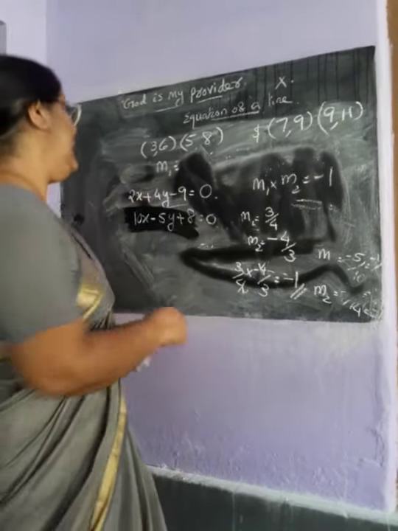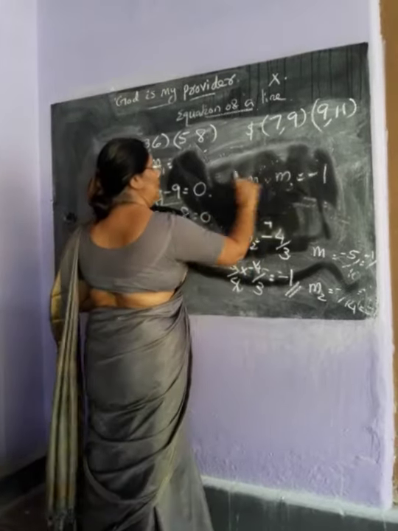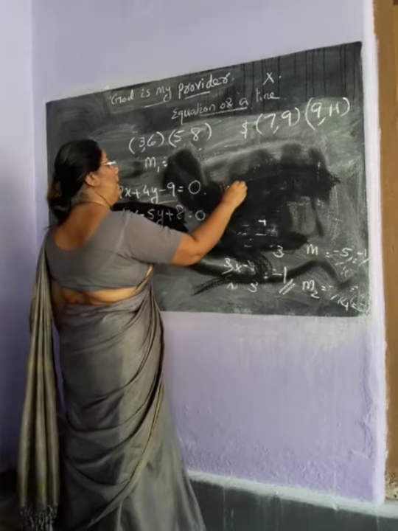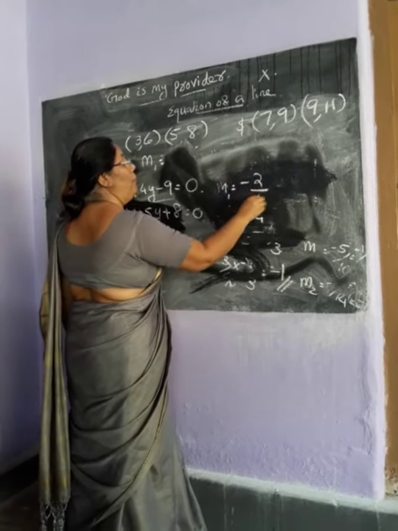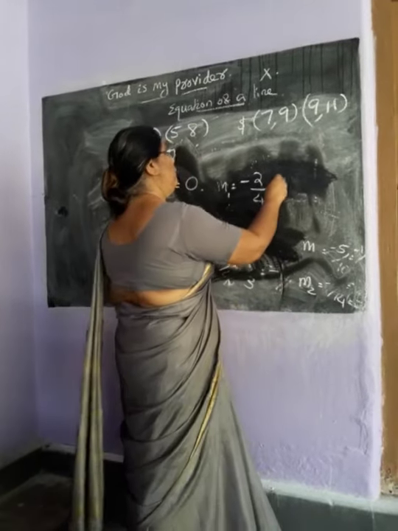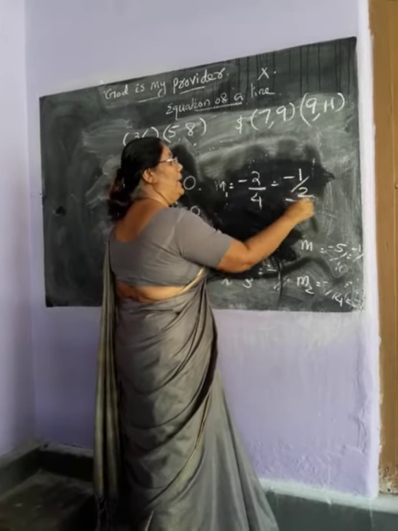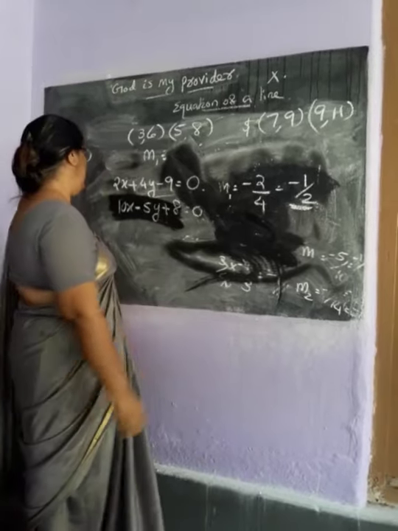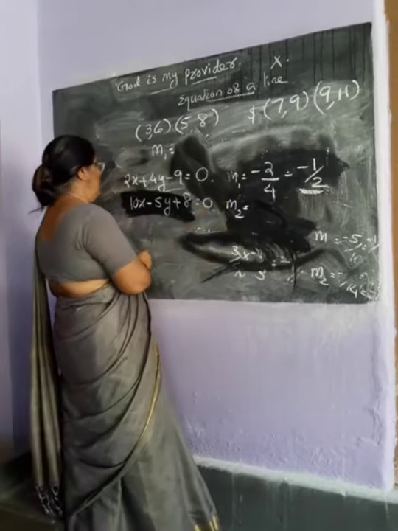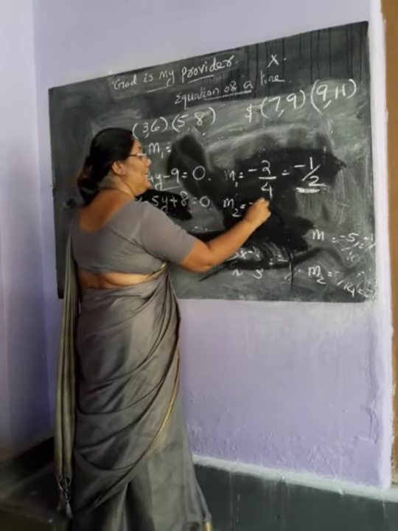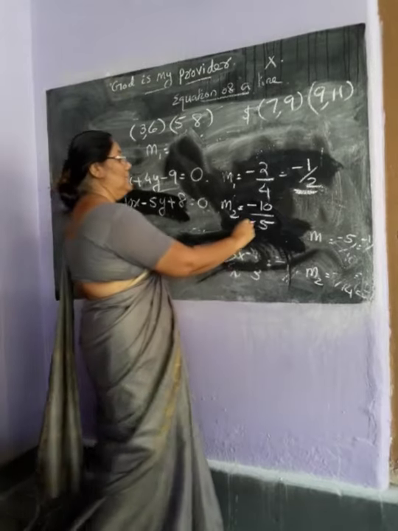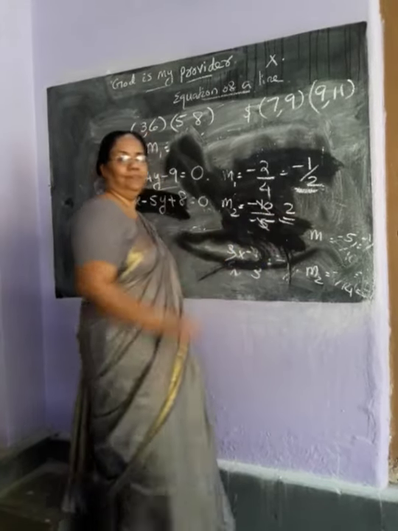What is your m1? m1 is equal to minus 2 by 4. Minus 2 by 4 is minus 1 by 2. Then what is the slope m2? m2 is equal to minus 10 by minus 5. What is the answer? 2.